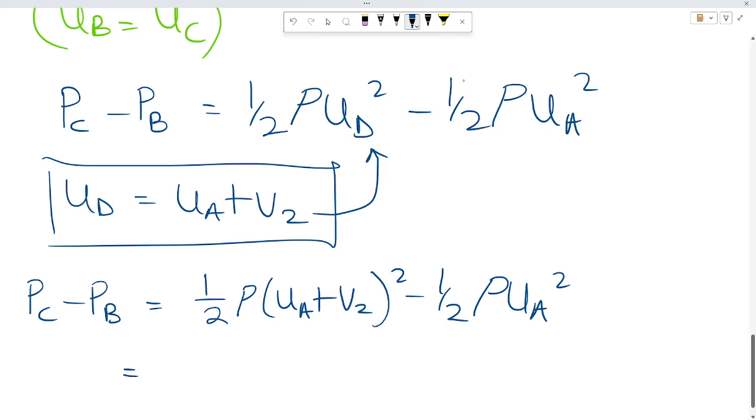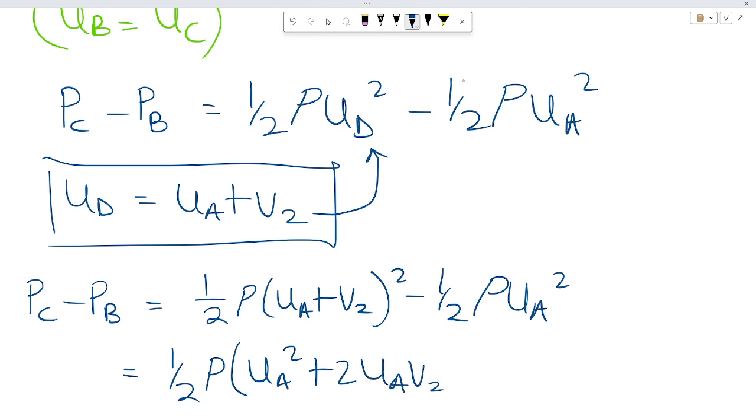So that becomes half rho UA squared plus 2 UA V2 plus V2 squared minus UA squared.